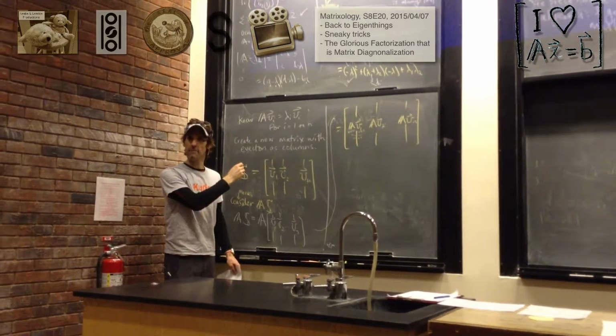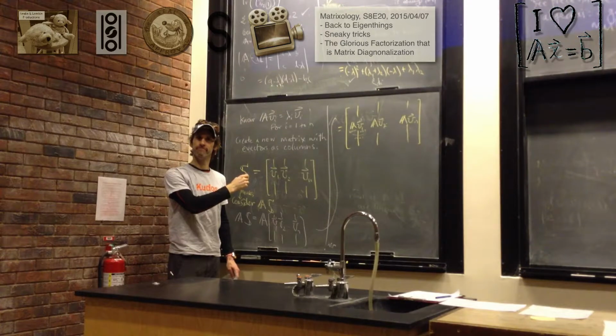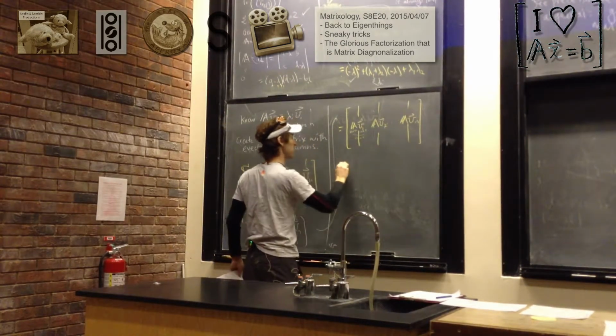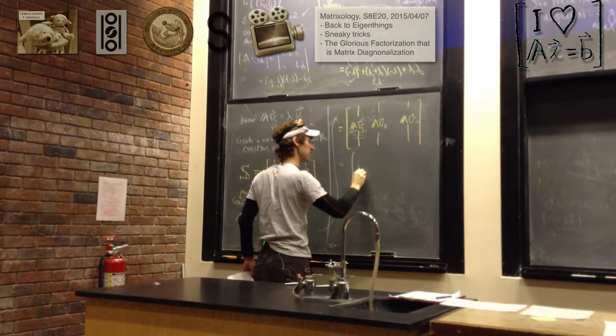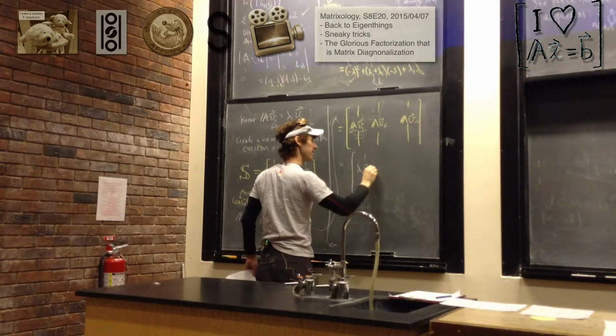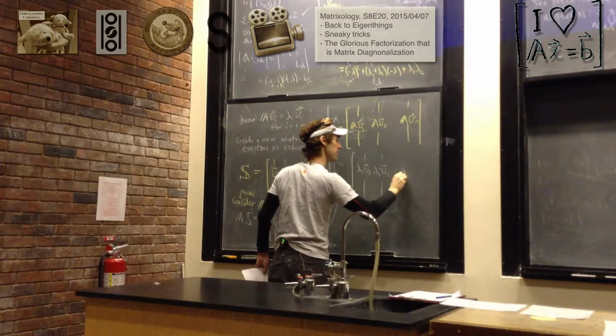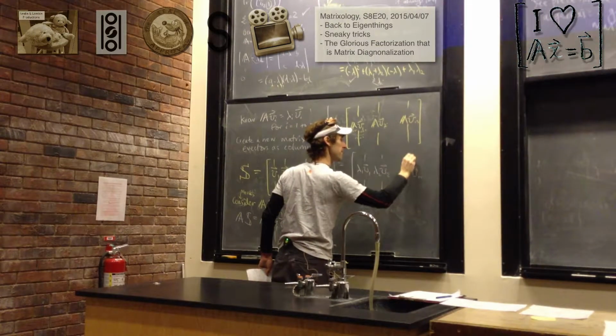So what's the next step? We have to do that. We're just begging for it. So lambda 1 times V1, lambda 2 times V2, lambda n times Vn.